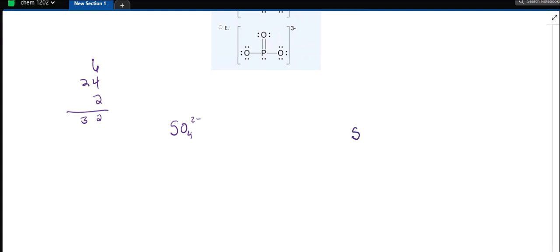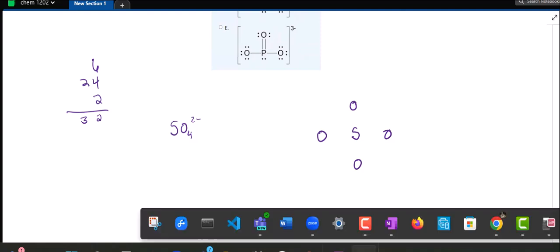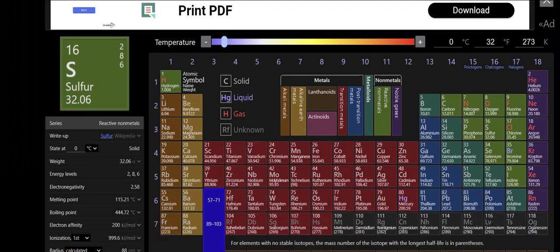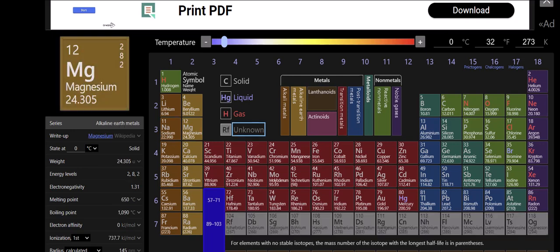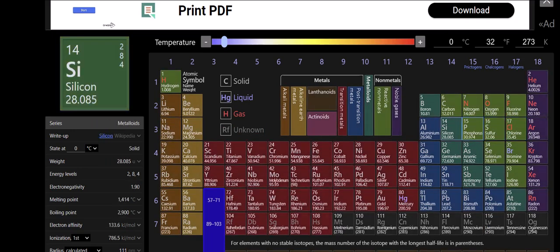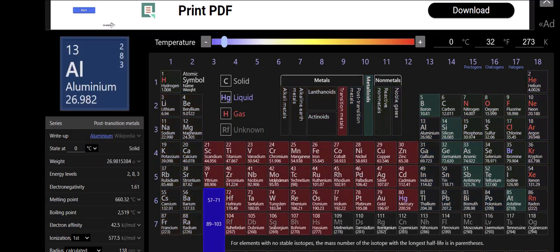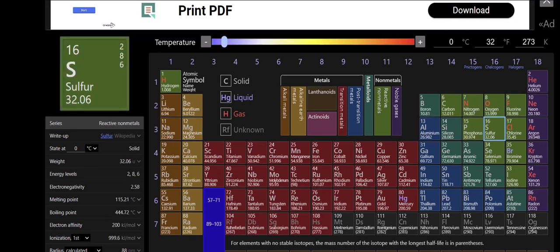The least electronegative will be in the center, which would be sulfur. And we know that sulfur can expand its octet, and we know that because it is in row 3. So anything in row 3 or below can expand the octet, so it can have more than 8 electrons around it. Oxygen cannot.